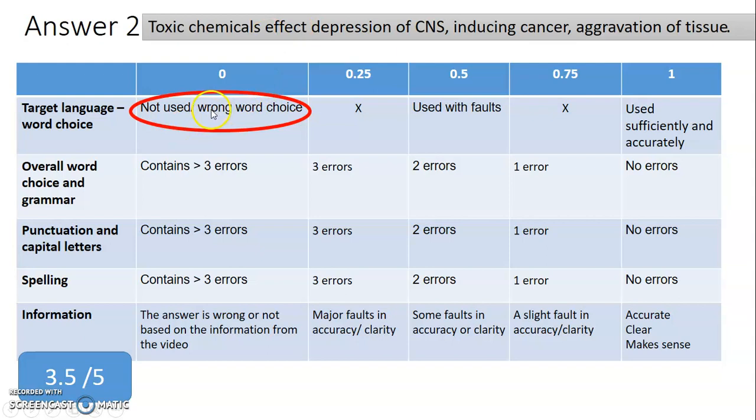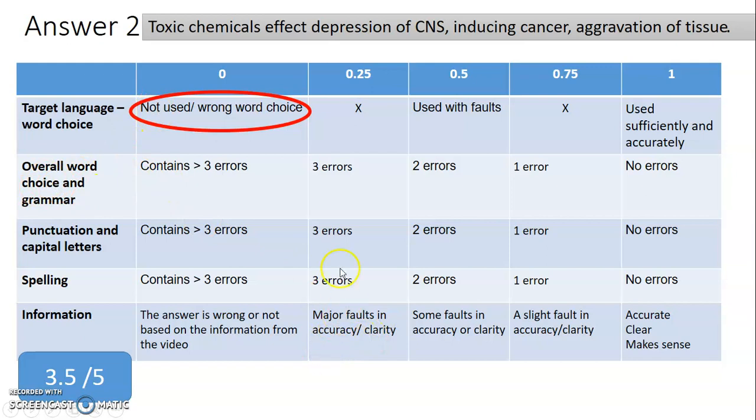But the choice is wrong. Because there should be toxic chemicals cause depression of the sinus, induce cancer, and so on, stuff like that. So it's used in a wrong way. That's why we gave it 0. And for example, or for instance, is missing here at all. Yeah, or such as or something.